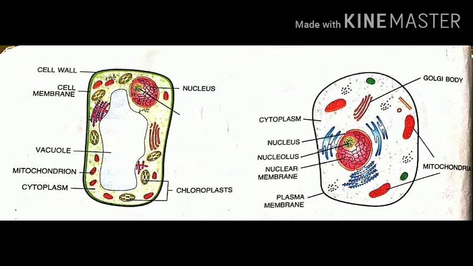The main cell organelles which are found in cytoplasm are endoplasmic reticulum, ribosomes, mitochondria, Golgi bodies, lysosomes, centrosomes and plastids. All these cell organelles have different function.